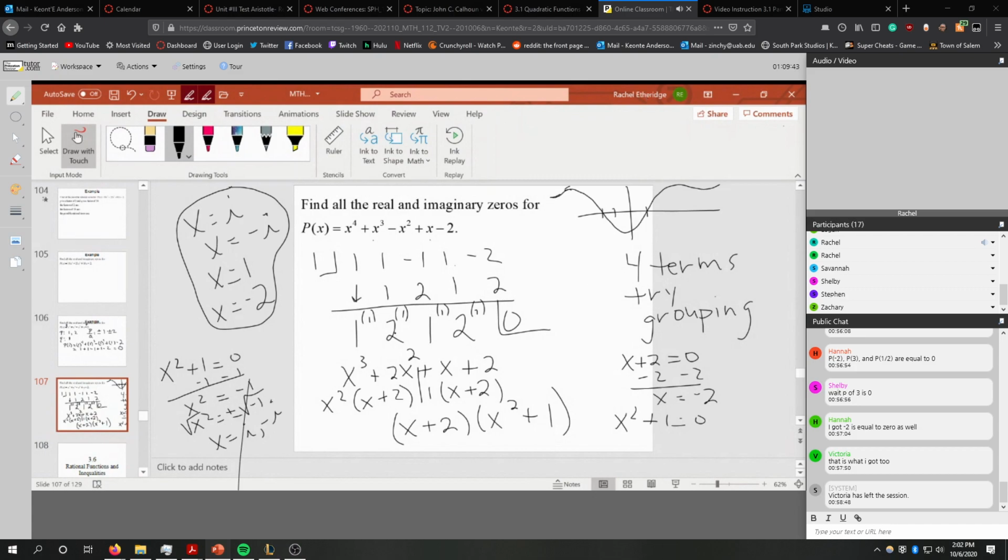Now, in some of your later math classes, if you take some higher order algebra type classes, you might start graphing these and using those zeros for graphs. But for this class and for the purpose of calculus, this is as much as you need to know about finding zeros. You just need to have some techniques to find zeros if you don't have access to a calculator.